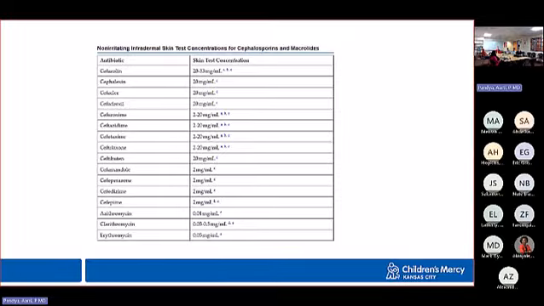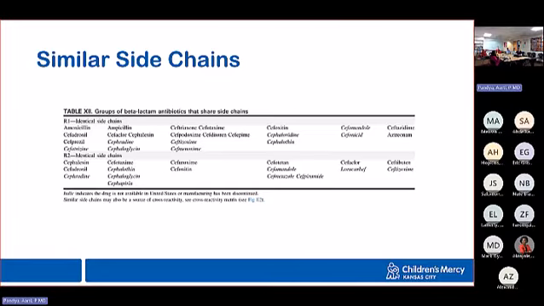Non-irritating intradermal skin concentrations for cephalosporins and macrolides are reported here, and these can be utilized, dependent on the history that has been presented and if you need to proceed with skin testing for those. Similar side chains: these are groups of beta-lactams that share the side chains. So these are ones that have R1 identical side chains and the antibiotics reported within that, and then R2 identical side chains.